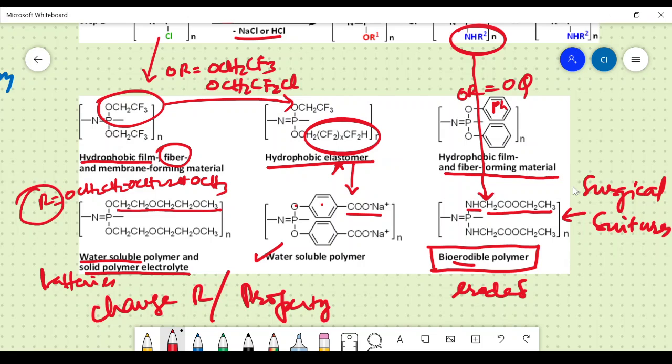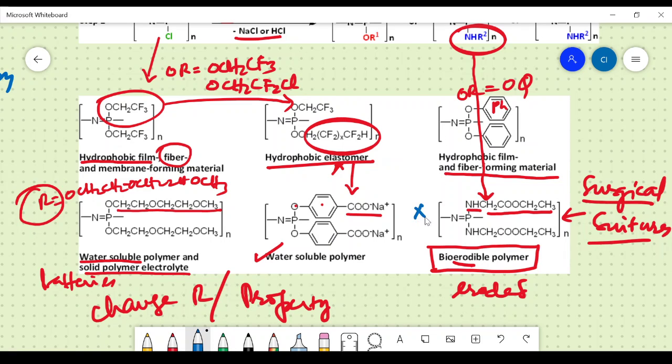The erodibility, the life of both of these, that is the healing power as well as the eroding power of this polymer, matters. So there are surgical sutures, and after stitching, when these two join, the polymer can simply disappear. So it's very essential and very useful.